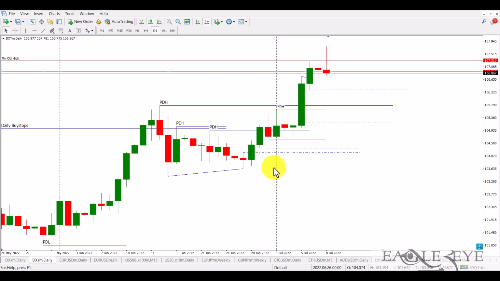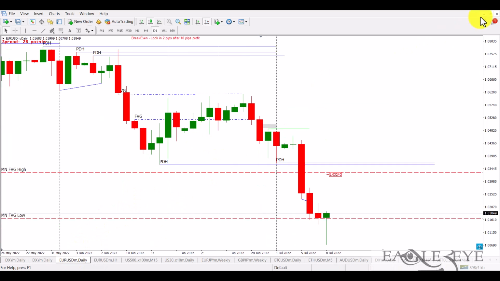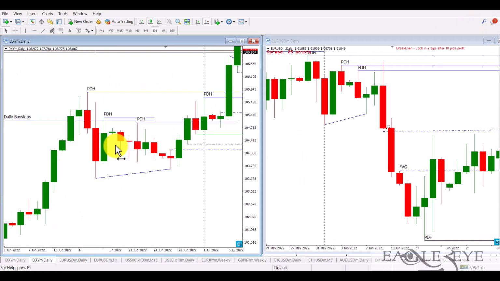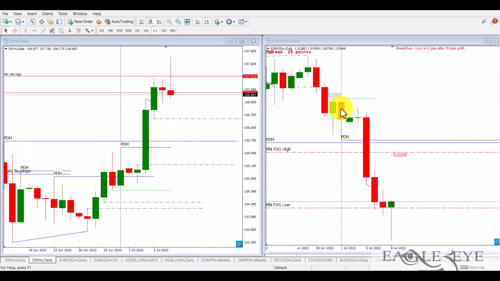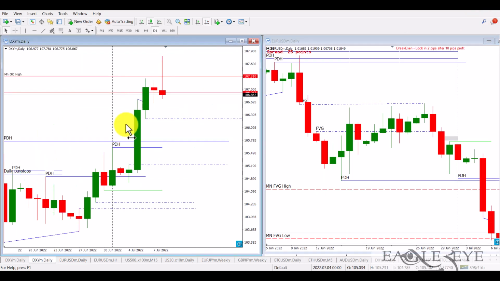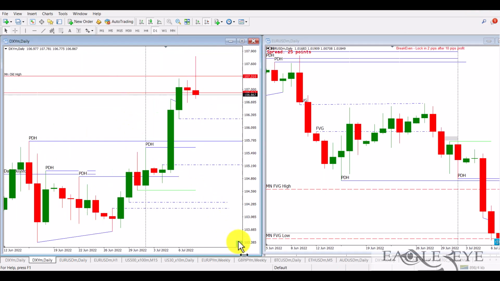In the previous video we talked about the fact that there was a kind of divergence that had already occurred between the dollar index and the USD. Let's take a look at it now.